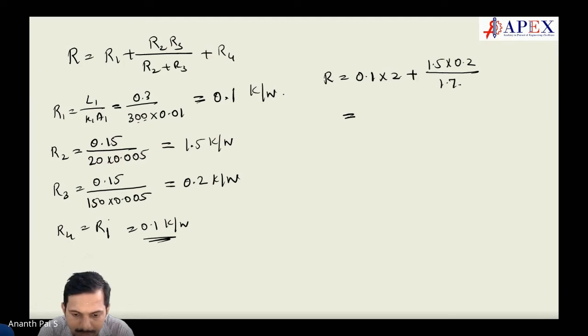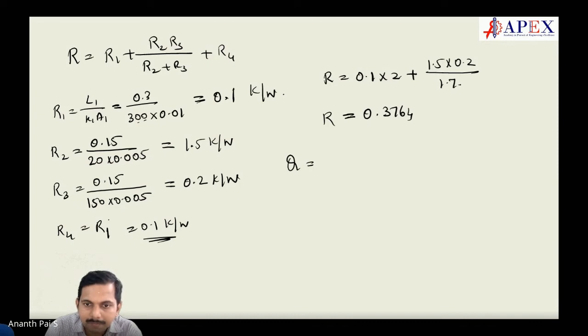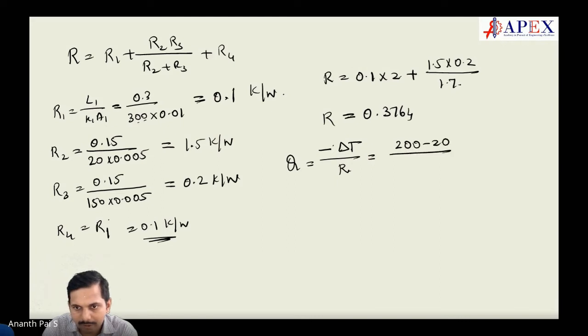The answer is 0.3764, right? What is Q? Q is equal to delta T divided by R. Delta T is 200 minus 20, divided by 0.3764, which gives 180 divided by 0.3764, equal to 478.21 watts. Okay, you get that?